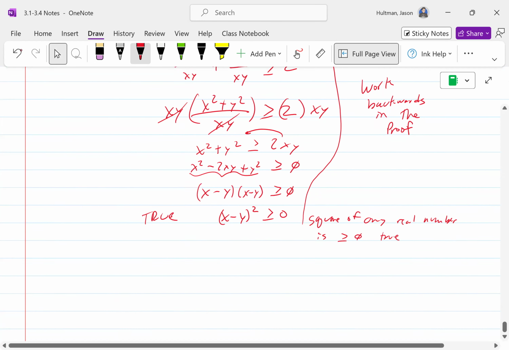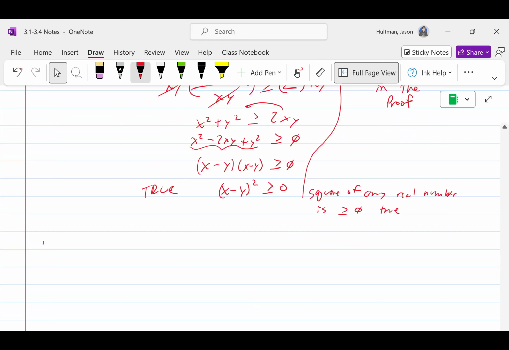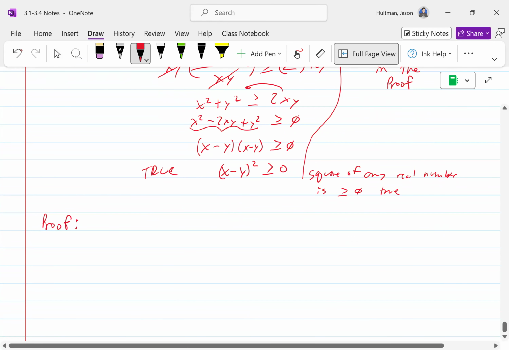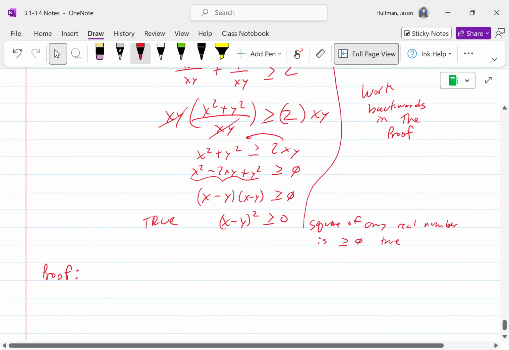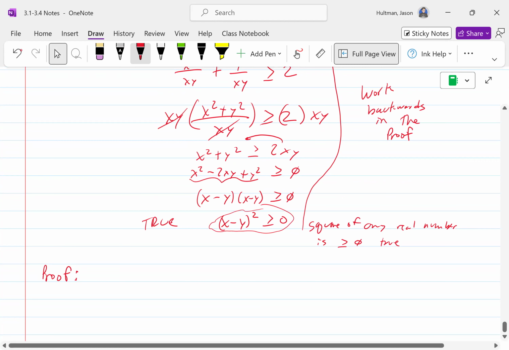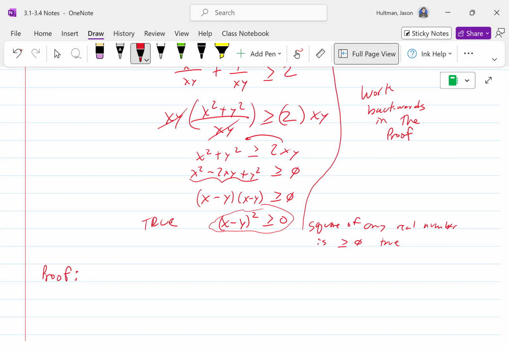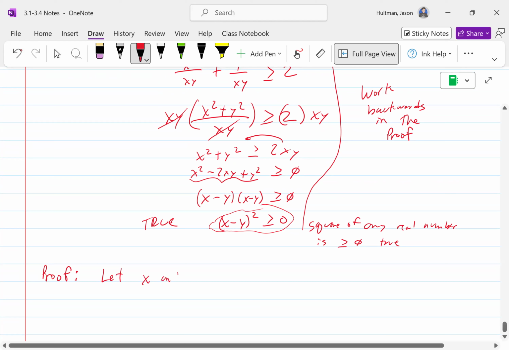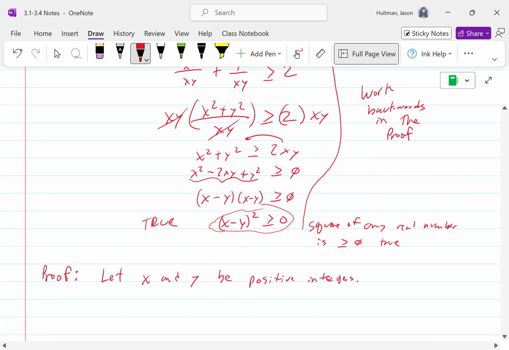Okay, so let's go to the proof now. Let's prove this to be a true statement. First I've got to define some of these values x and y, and then I've got to get to this statement here, and then it's just simple algebra to get to the thing that I want to prove. So, proof. Let x and y be positive real numbers.